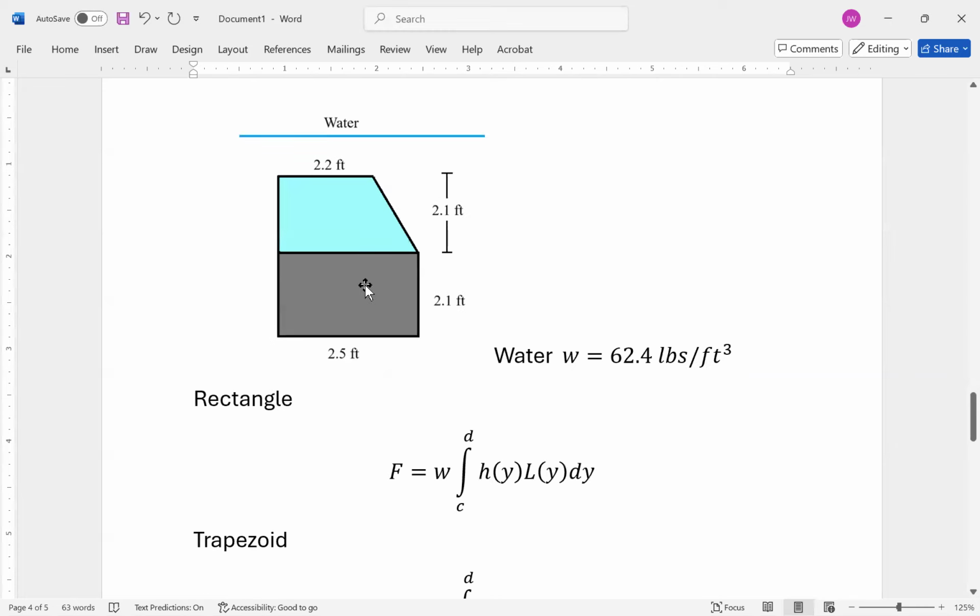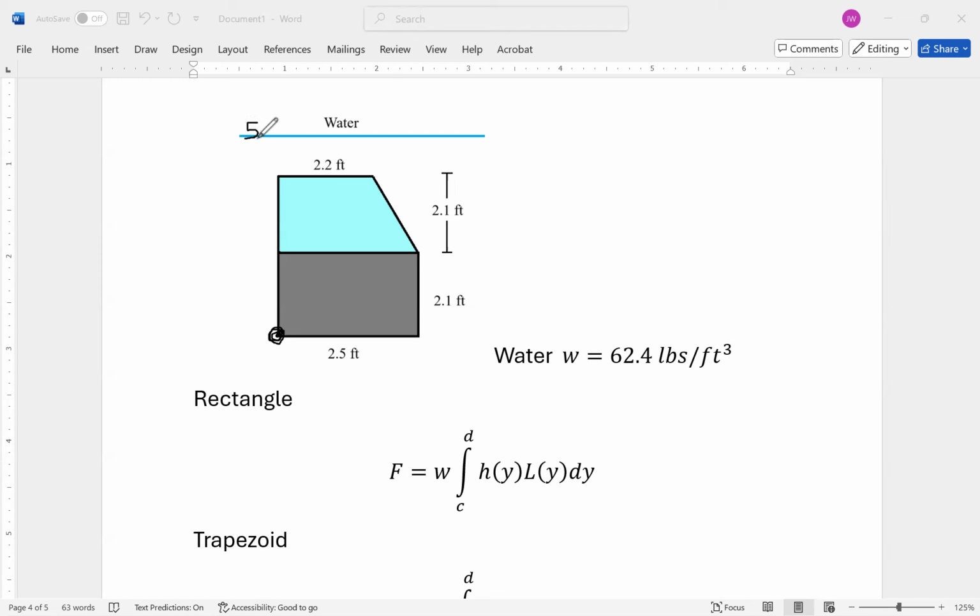Okay, so in this case, once again, we have a rectangle and a trapezoid. And basically, we have to do them separately. With the rectangle, we'll do a standard point down here at the lower left corner. The water line is 1 foot above the top of the door. Now, notice that the door is 2.1 plus another 2.1, so the door is 4.2 feet tall, plus another foot is going to be 5.2.